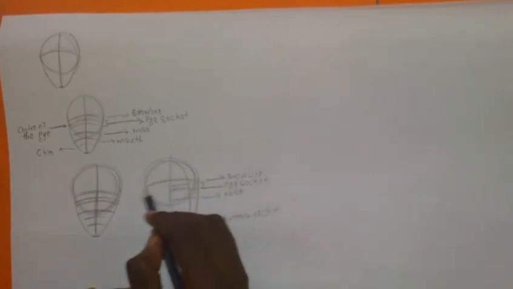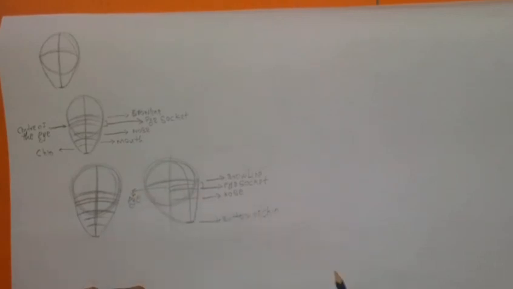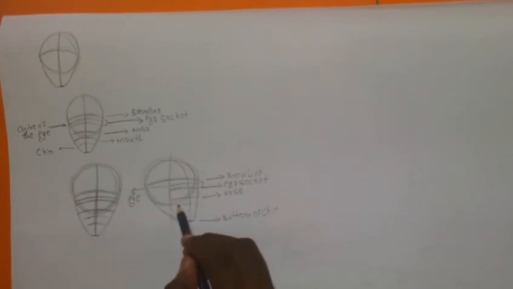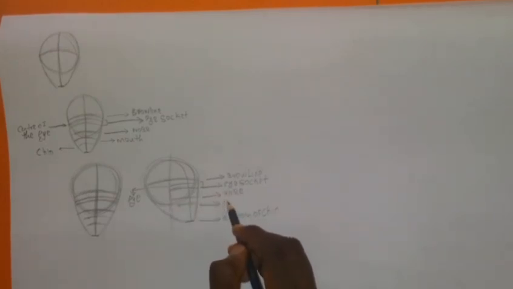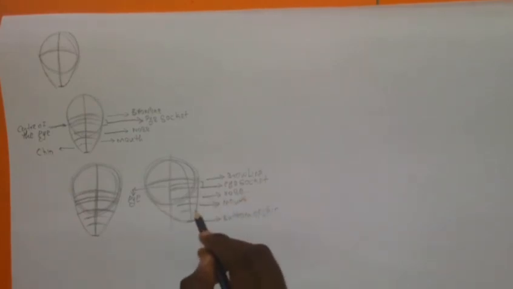And from the eye socket to the brow line, we have our center of the eye. Then 1/3, we have the mouth. Then halfway from the mouth to the bottom of the chin, we have the top of the chin.